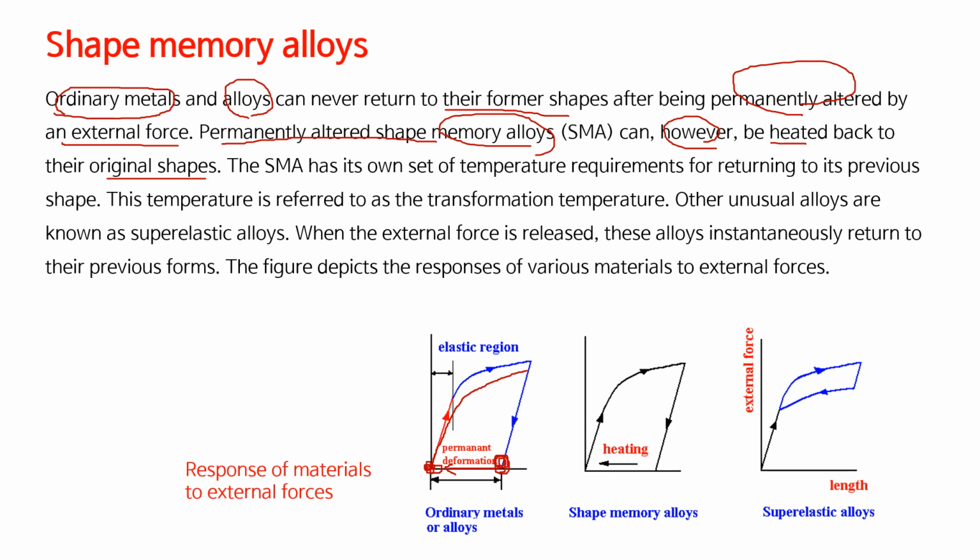However, a shape memory alloy that is permanently deformed can be brought back to the original shape by heating.